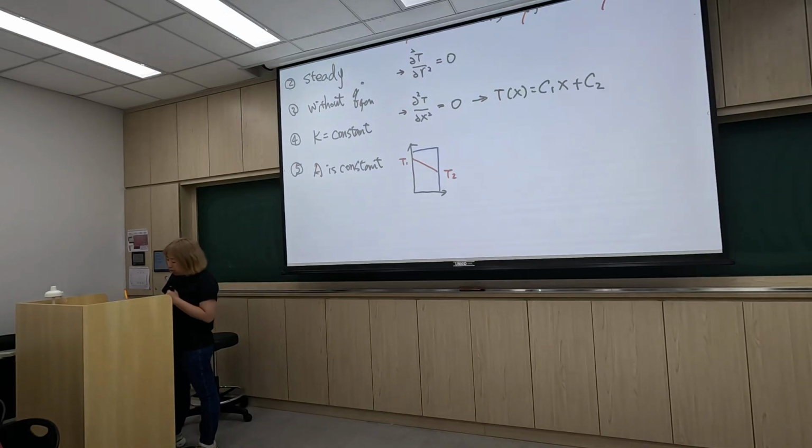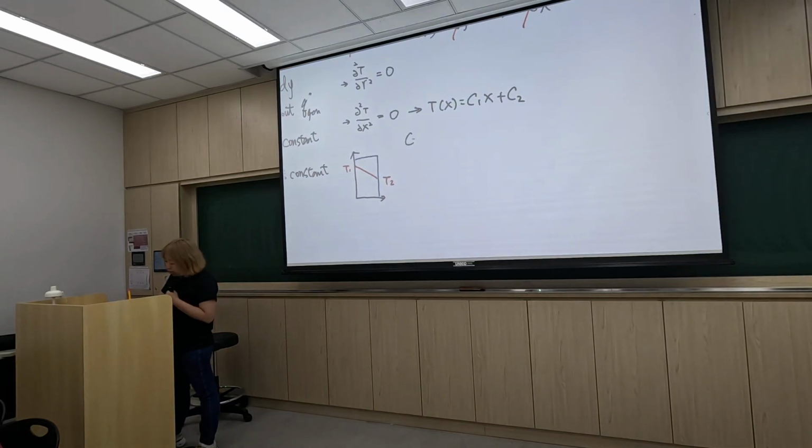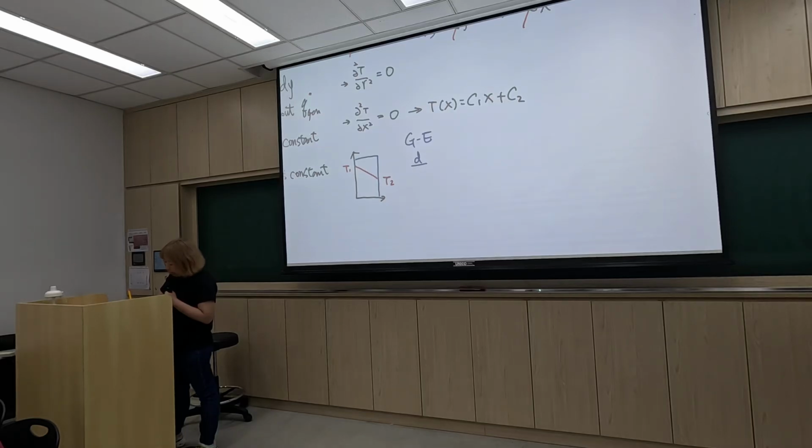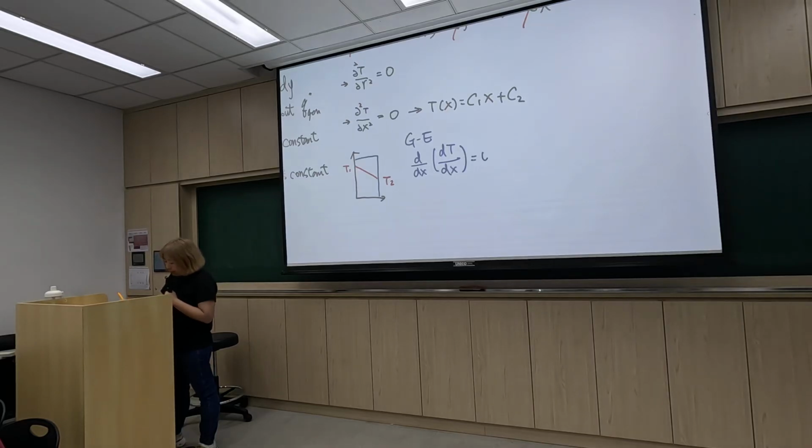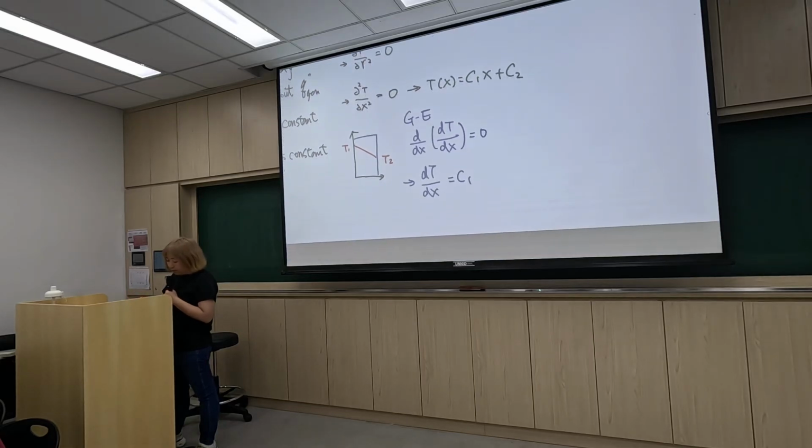So let us write it down again. The governing equation, let's take a part of the second derivative and write it down like this. We break it apart. Then when we integrate the first derivative, it becomes C1.